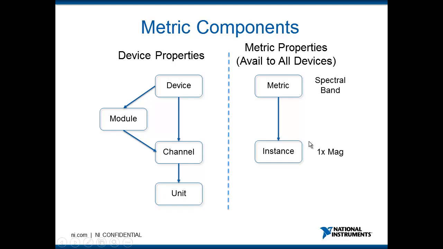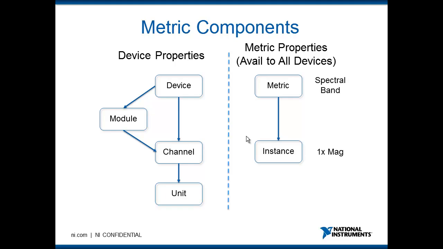What you'll see is that most metrics just have one of each: RMS, for instance, and peak-to-peak and speed. When we look at them in the console, you'll see that there is one metric component and one instance component for all of those metrics. And if you open up and look at those components, like we did with device and channel, you'll notice that most of the information is the same.